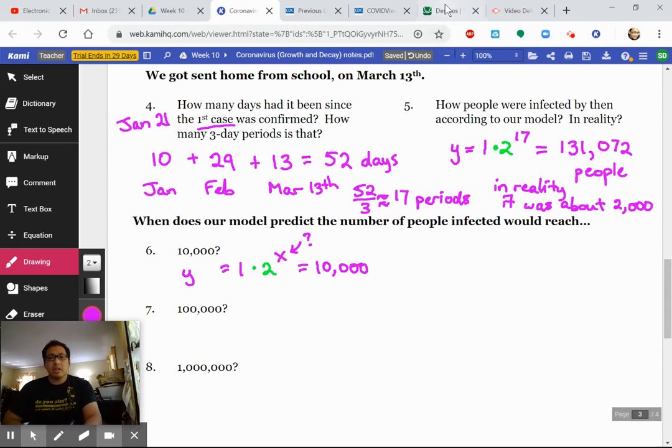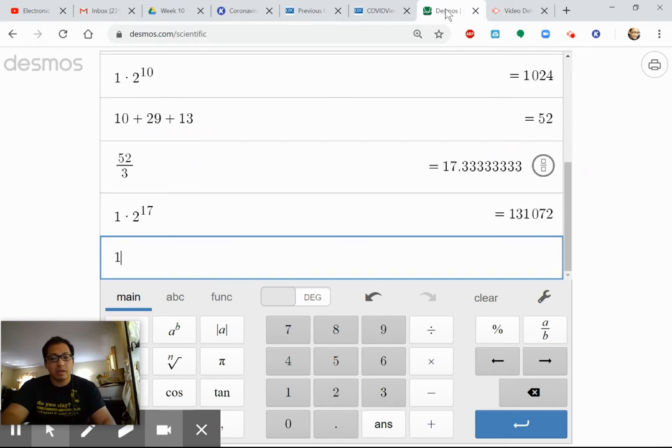Let's plug in. Let's try 1 times 2 to the power of, say, 12. We're looking for 10,000, right? That's 4,000. So let's do one more time. It'll double to 8,000.